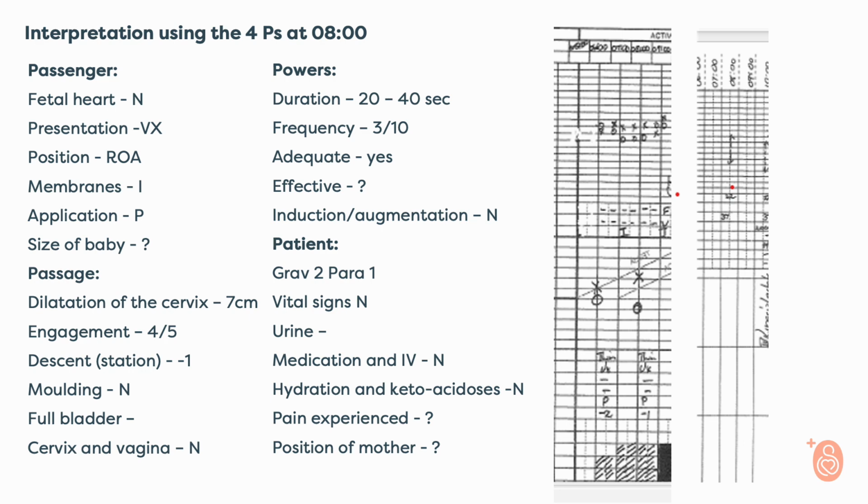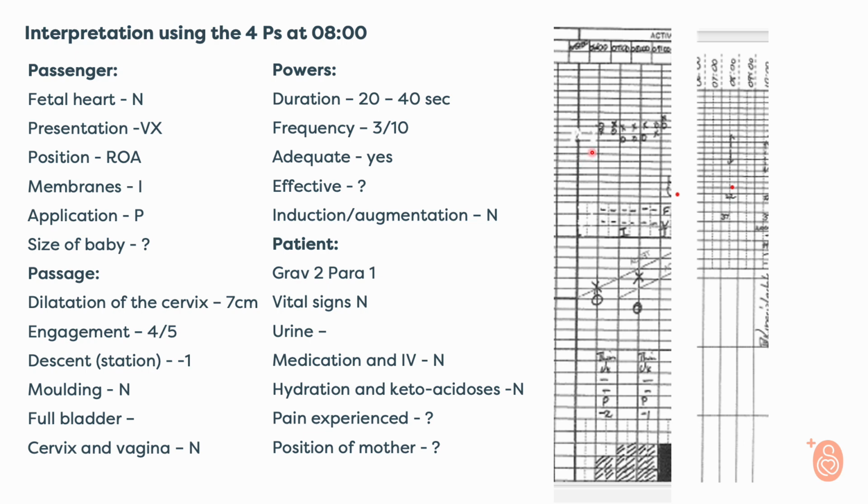Now, when we look at this at 8 o'clock, I have included here on the partograph both the 6 o'clock and the 8 o'clock so that you can see the progress here. And when we look at the passenger, we still see here at 8 o'clock, this is where 8 o'clock is, that the fetal heart is still normal.